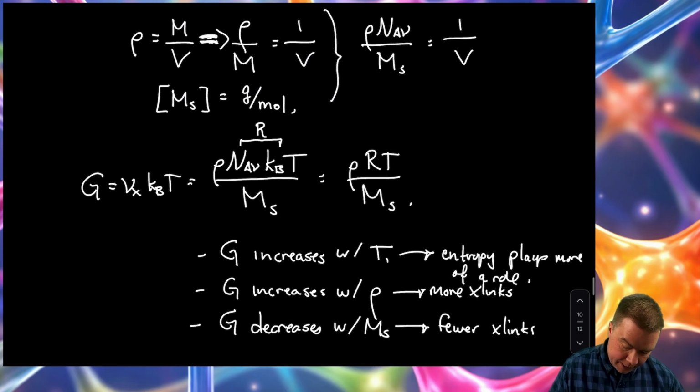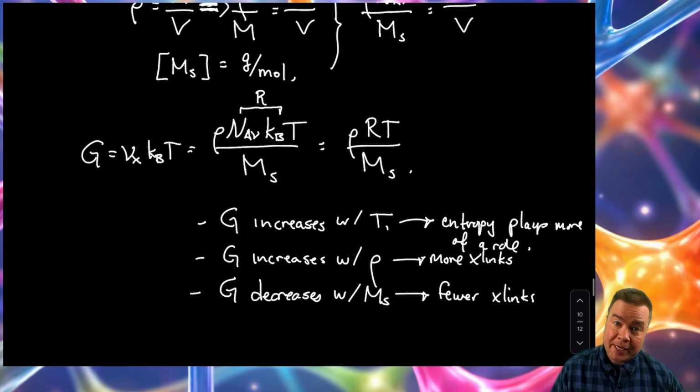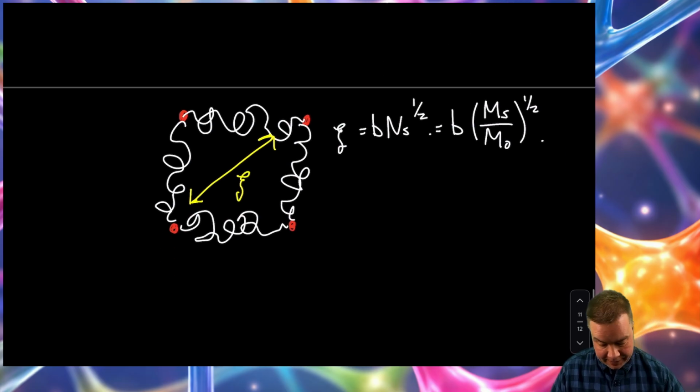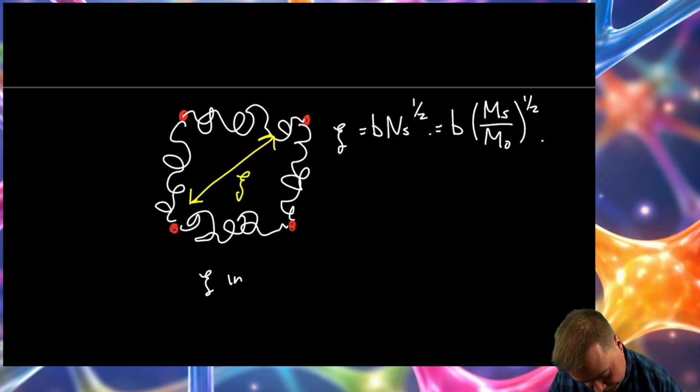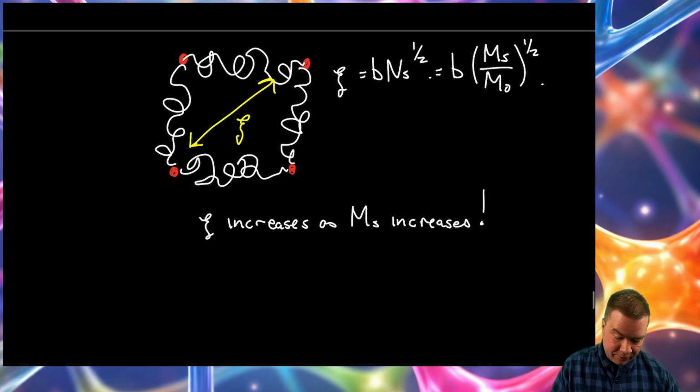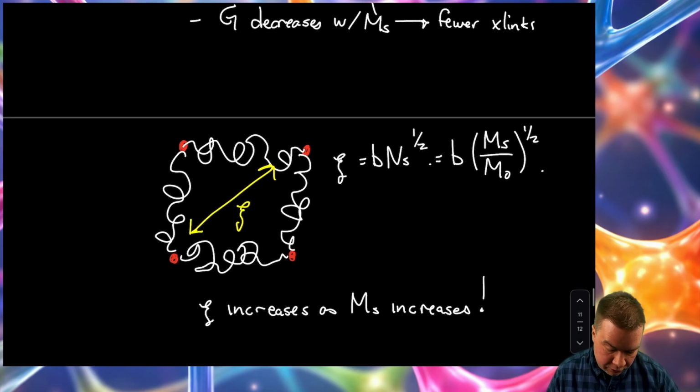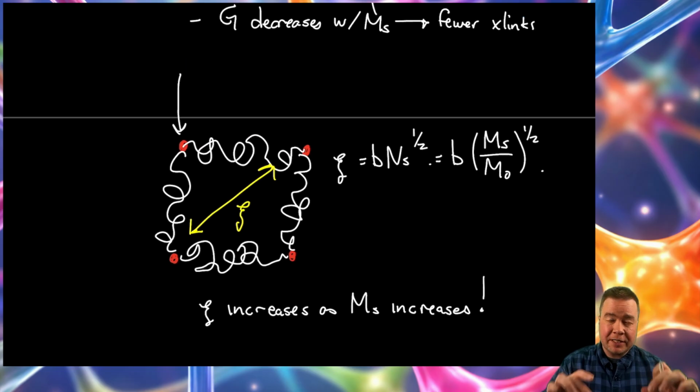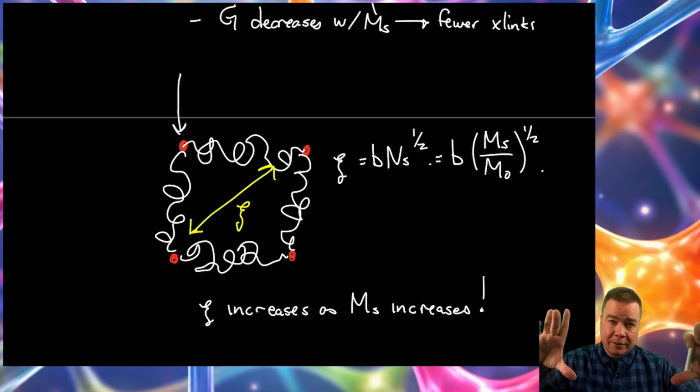And what this is telling me is that G decreases as m sub s increases. As m sub s increases, then the mesh size gets bigger. So C increases as m sub s increases. So in other words, if you think about it, these crosslink junctions, as m sub s increases, they sort of get farther away from each other.